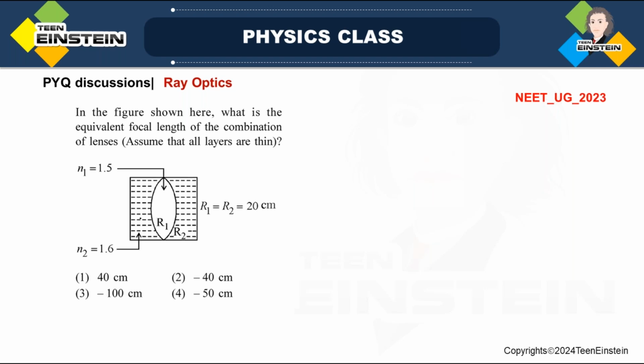This is a liquid, or a medium, inside which this convex lens is immersed. You can take this as a liquid, some glycerin or something like that, and this is a convex lens made of glass, which has refractive index 1.5.